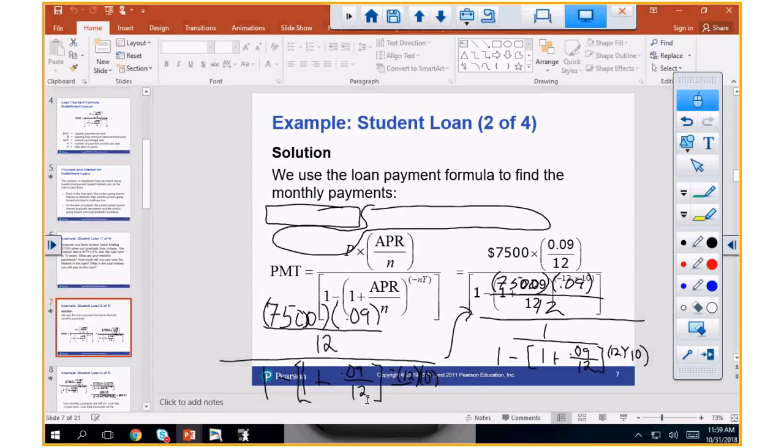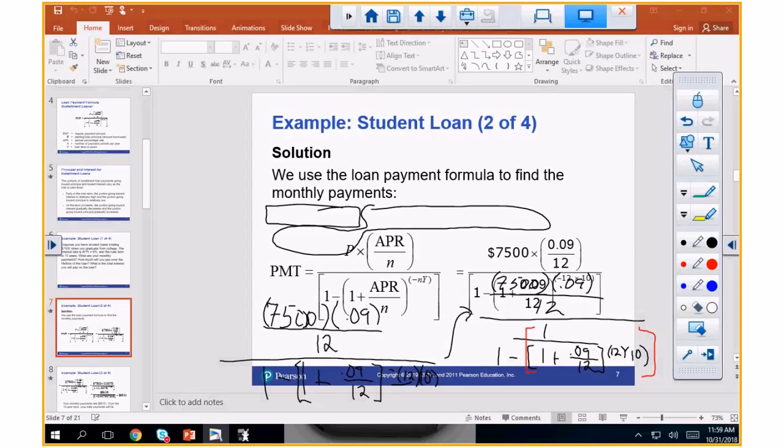All right. Oh, I know where it's wrong. I need to put this over 1. That's where I'm wrong right there. So it's 1 minus, let me put brackets around this, 1 minus that.